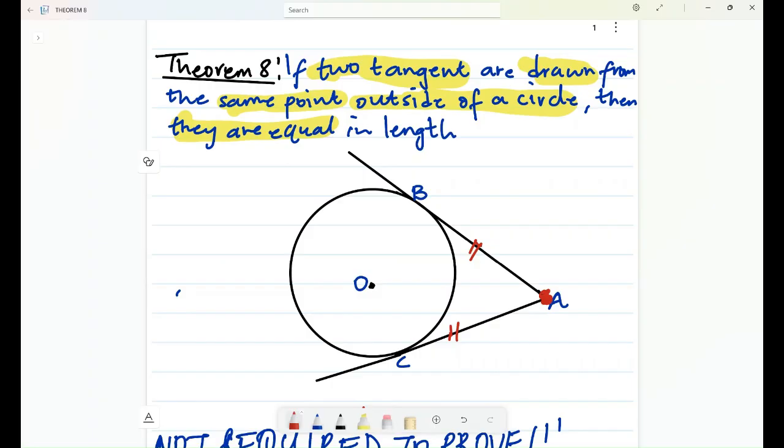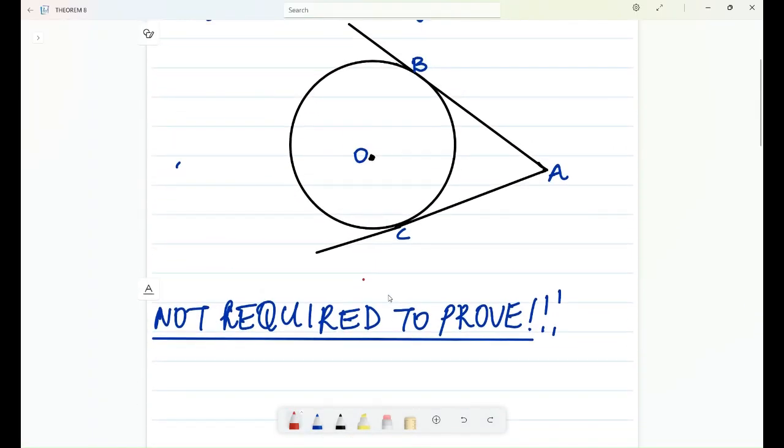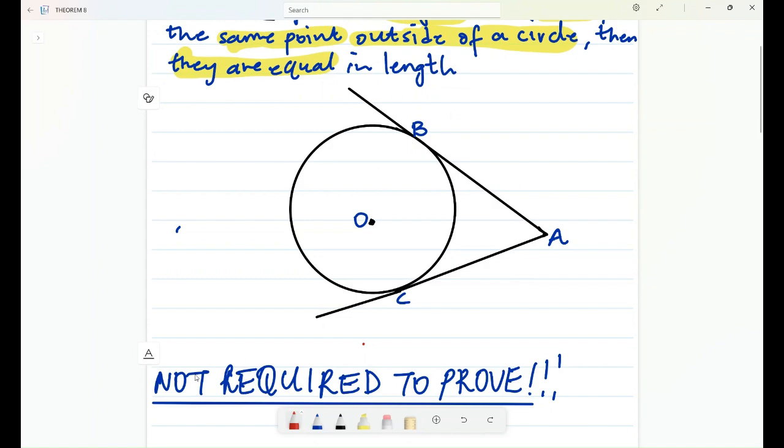Now, let's see how they came about this conclusion that these two tangents are equal. You are not required to prove this, but this is just me showing you how they came about this. I still emphasize this again. You are not required to prove.